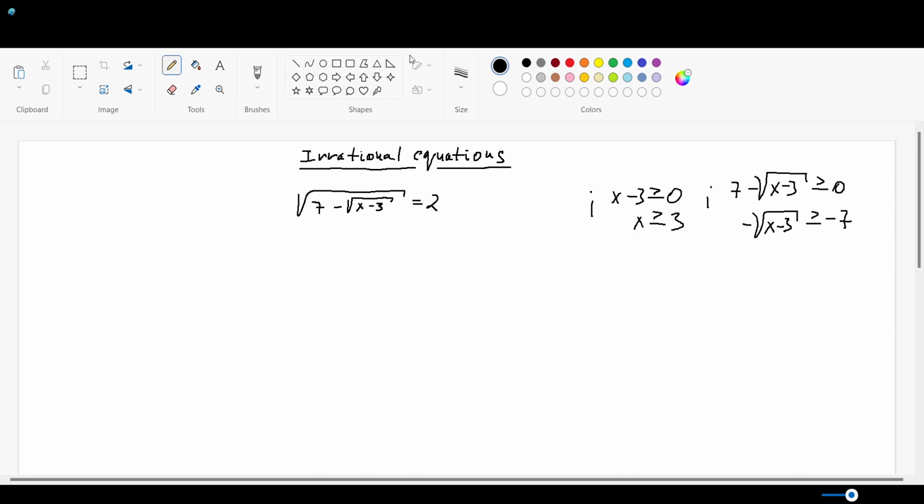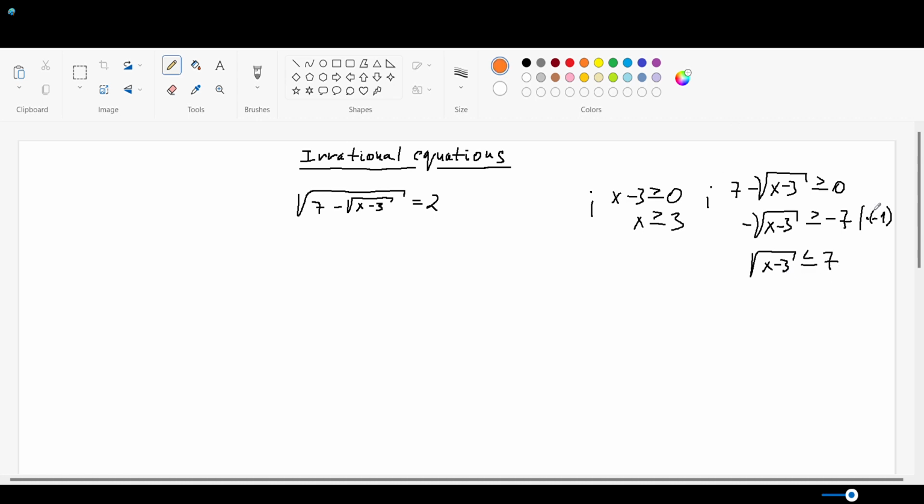So it means we have to multiply the inequality by negative 1, which means it's going to be square root of x minus 3 is less or equal to 7.